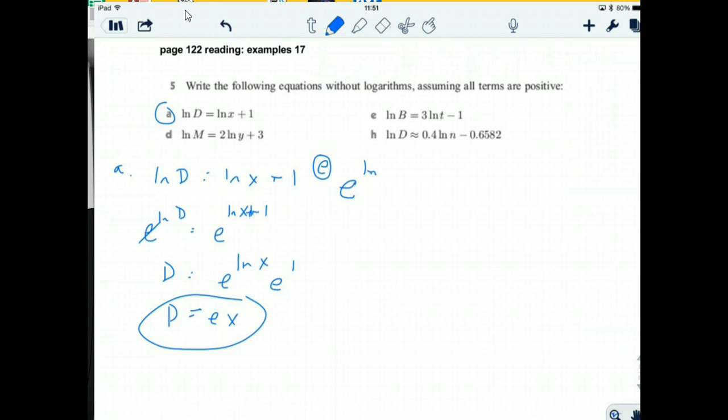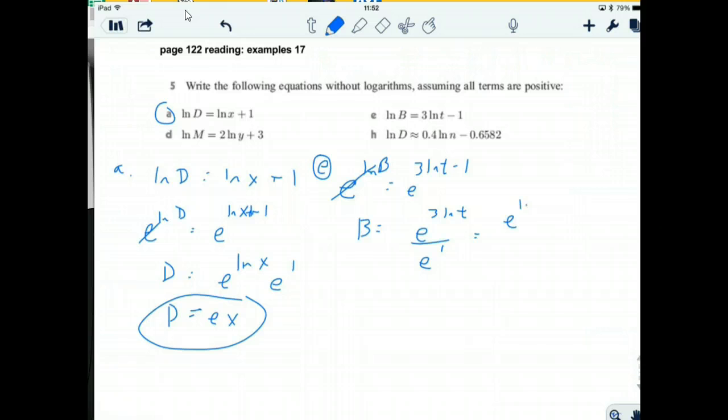So e to the natural log of b is equal to e to the 3 natural log t minus 1. e to the natural log b is the same thing as b. e to the 3 natural log of t, the subtraction here is the same thing as e to the 3 natural log of t divided by e to the 1, which is equal to e to the third, let's reverse this order.